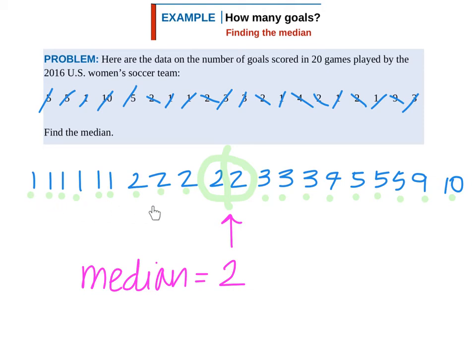Then I counted 9 in from the right and 9 in from the left, because remember we have 20 total games, so I'm not going to find an odd number smack dab in the middle. So I find 2 numbers in the middle, and I average them, and they're both 2, and the average of 2 plus 2, which is 4, divided by 2, is 2. You didn't need to do that to figure that out, but just in case you were curious. So our median, our middle number, is 2.